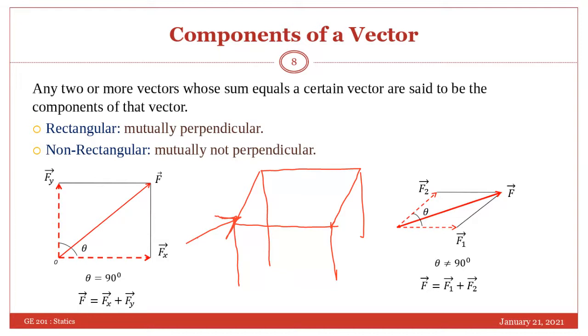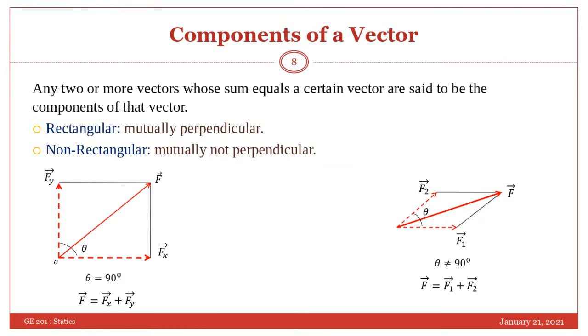So this will be equivalent to, if you remove this one and apply two forces of this and this type. So these two forces will give the same effect as this force alone. Then these will be called components. Okay. So components and resultant, they are very much linked together.